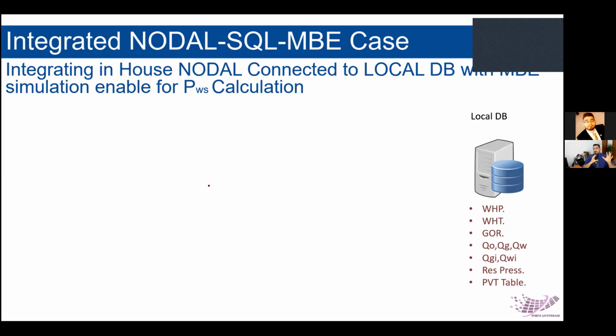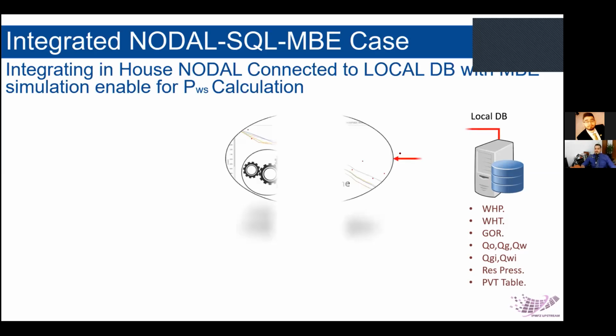So we connect the nodal analysis model to the SQL, and SQL, in turn, we connect to the material balance engine. On the right-hand side, we have this database that contains wellhead pressure, wellhead temperature, and all of these nifty operational data. You insert those data inside the material balance engine. This is all done in the background.